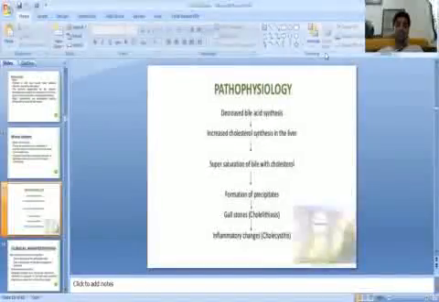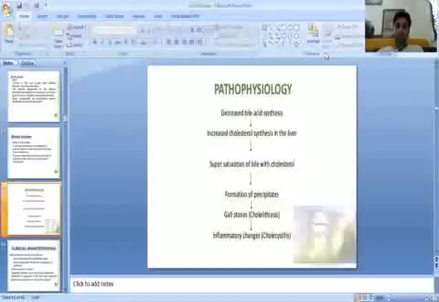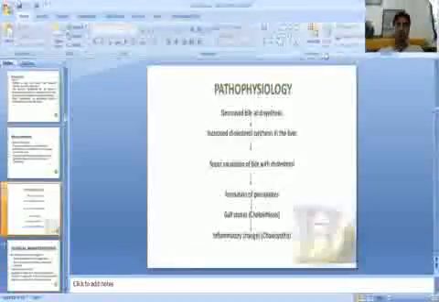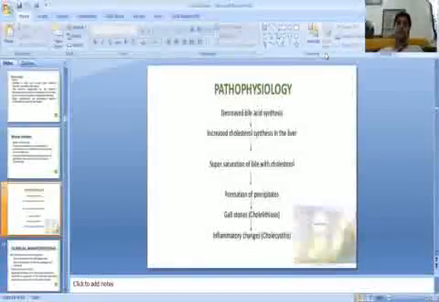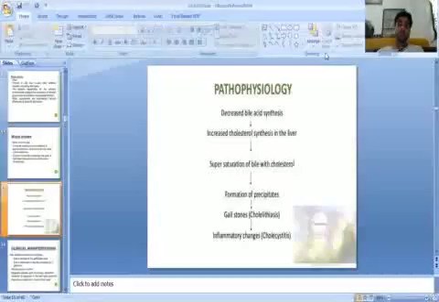Decreased bile acid synthesis increases cholesterol synthesis in the liver, causing supersaturation of bile with cholesterol and formation of precipitants. This leads to gallstone, cholelithiasis. Then inflammatory change is called cholecystitis. So, students, this is the pathophysiology of cholelithiasis.